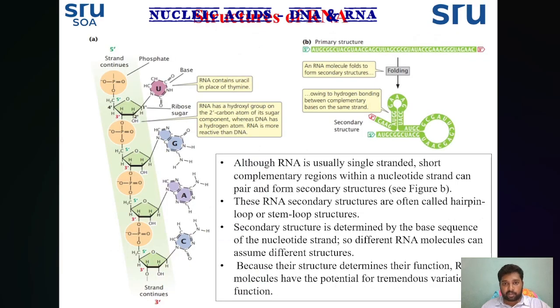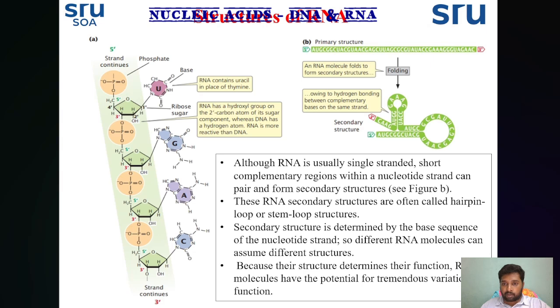Next, coming to the structures of RNA. Although RNA is usually single stranded in nature, short complementary regions within a nucleotide strand can pair and form secondary structures. If we observe the second figure, the primary structure is linear in nature.